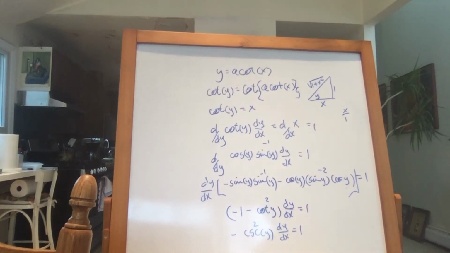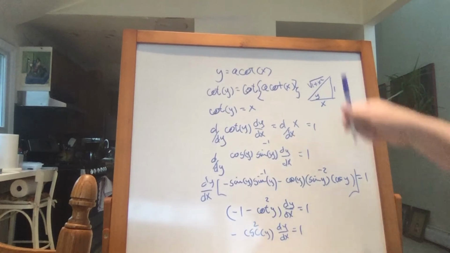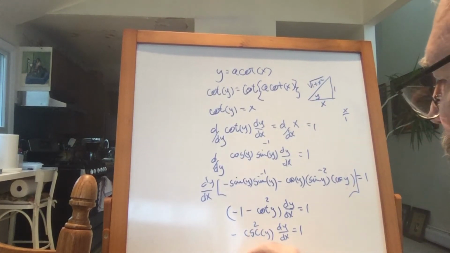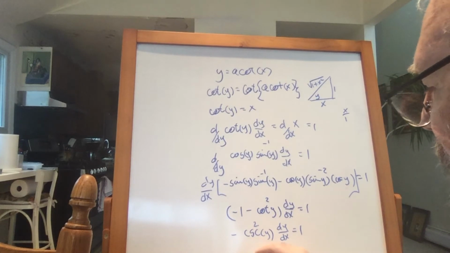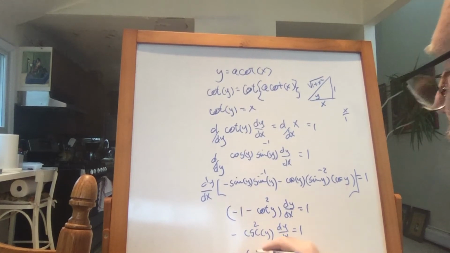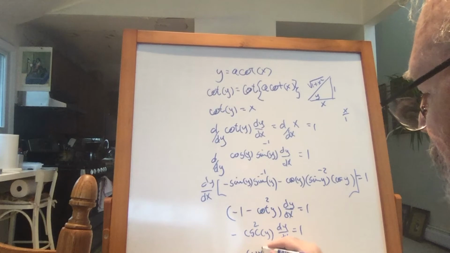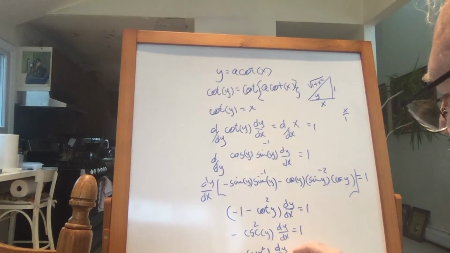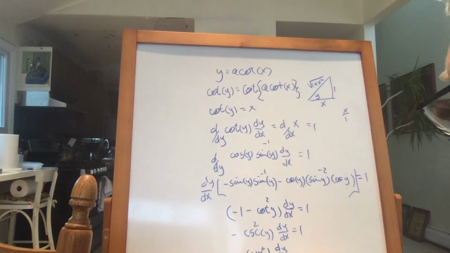Now the cosecant squared, that's this over that squared, so that's minus 1 plus x squared, dy/dx. And dy/dx is equal to minus 1 over 1 plus x squared.